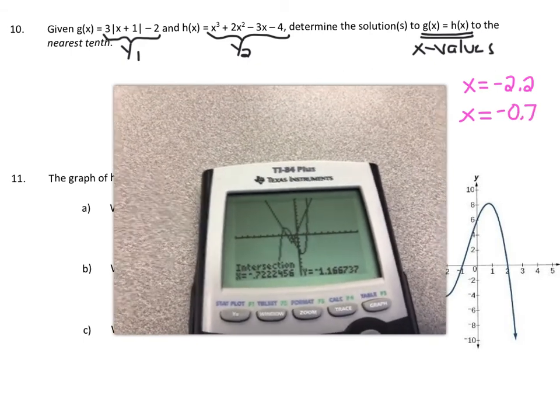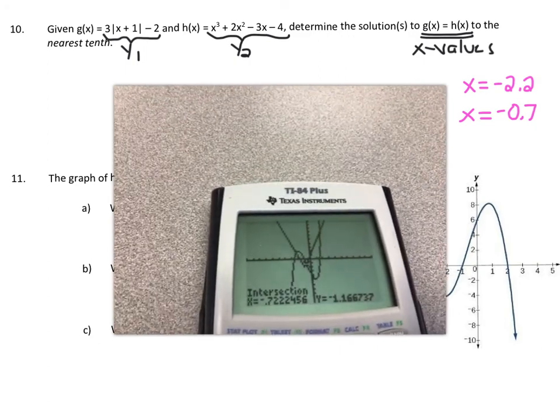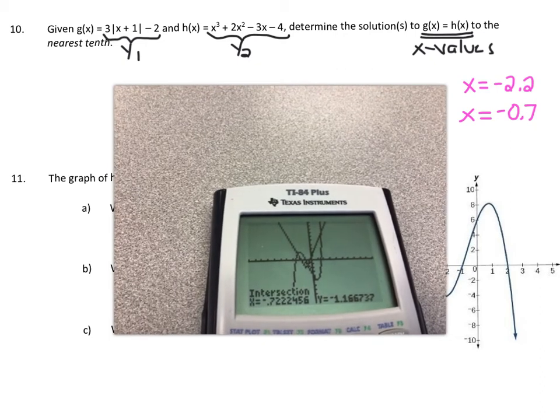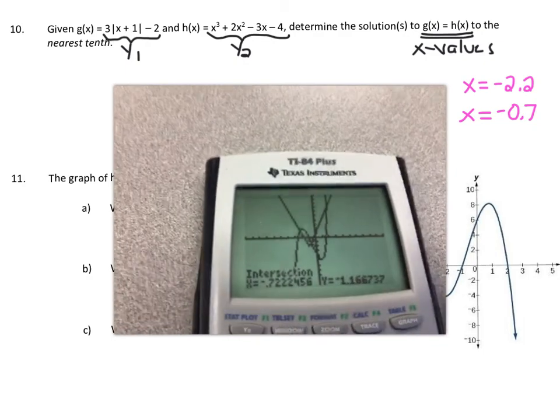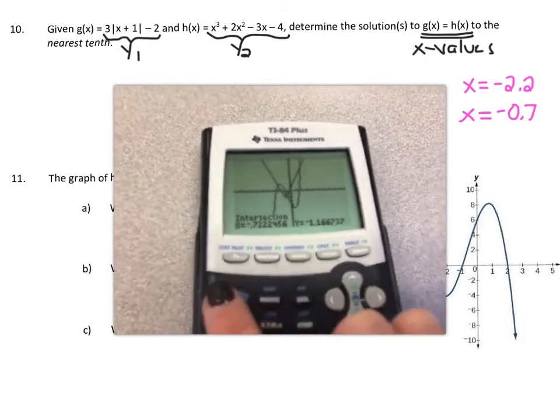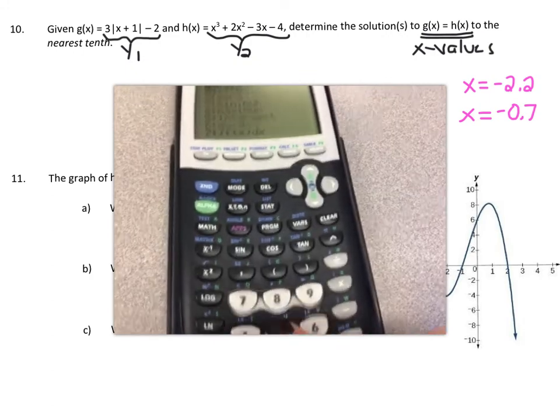Look at that, on my answer key, I have positive 0.7. Woo, my answer key is really messed up here. So hopefully I will be changing that before I post this video. So it's at negative 0.7. Okay, and then finally, I'm going to again hit second, trace, intersect for the third time.